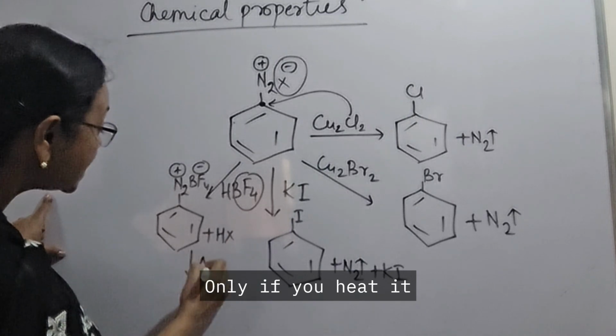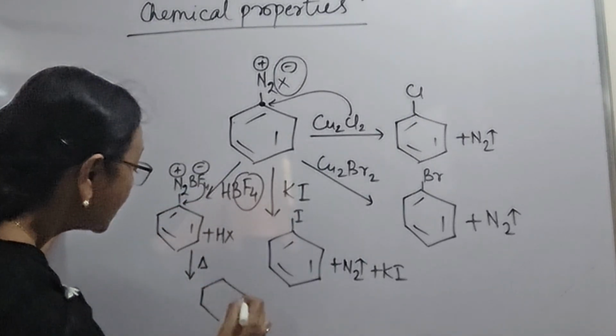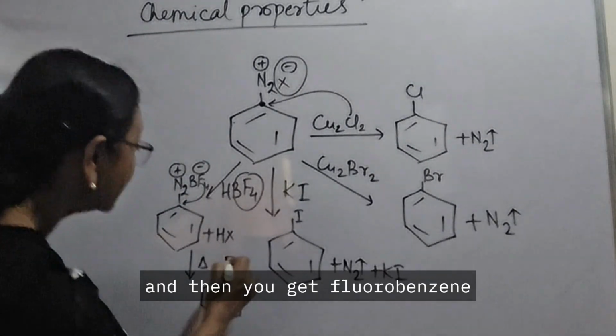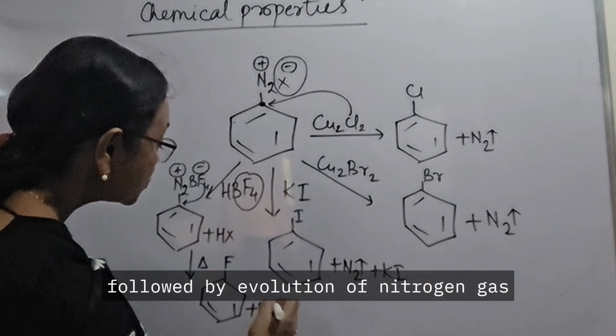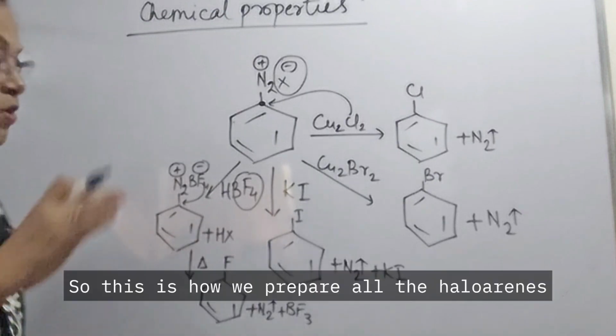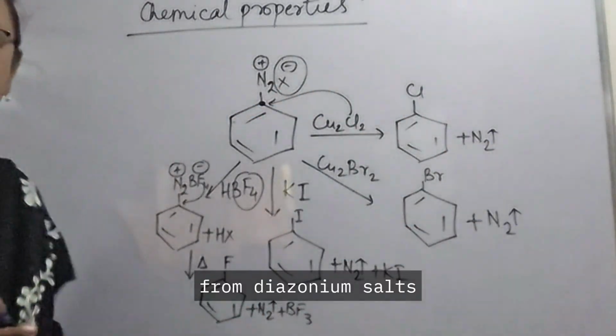Only if you heat it, there is a fluorine coming in and then you get fluorobenzene. The fluorine migration is there followed by evolution of nitrogen gas and formation of BF3. These compounds exist. So this is how we prepare all the haloarenes from diazonium salts.